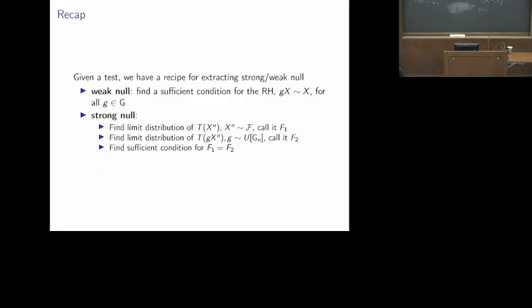So you either think of just the shape of your histogram as a non-random object, or the distribution of your permuted test statistic if the data is fixed and you're drawing the G uniformly at random. So that's the same. You call these limits F1 and F2 respectively, and what we needed was to find a sufficient condition for those to match. And that was always about matching the variances of these two normal limits.